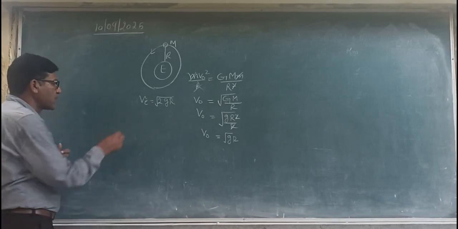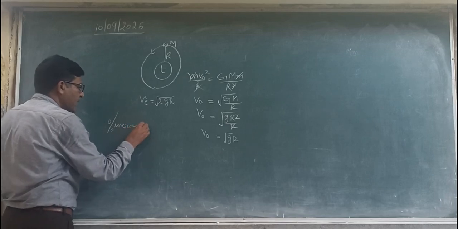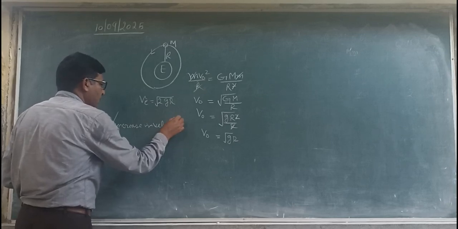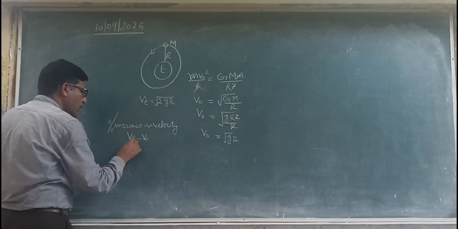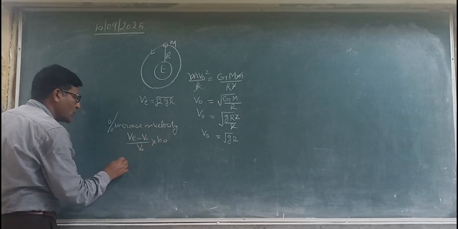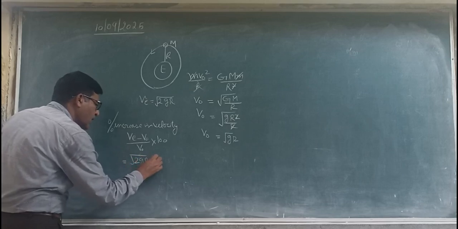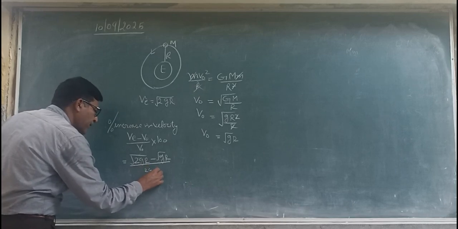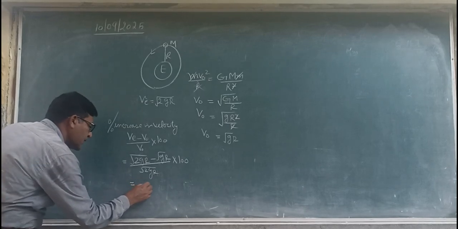Now we have to see the percentage increase in velocity. So this is (VE minus v naught) upon v naught into 100. This comes out to be (root 2gr minus root gr) upon root gr multiplied by 100. So it is very easy.